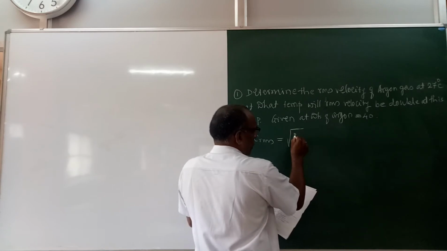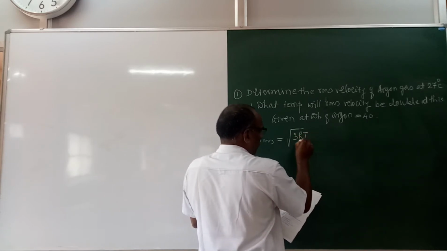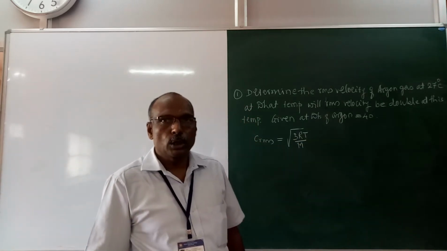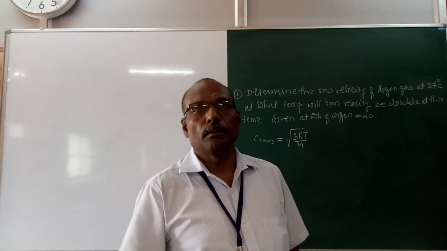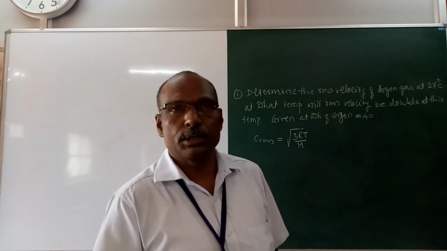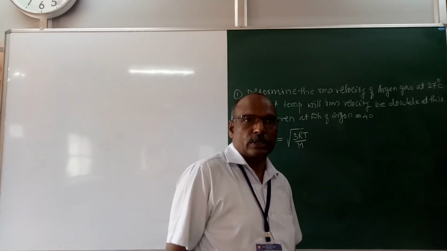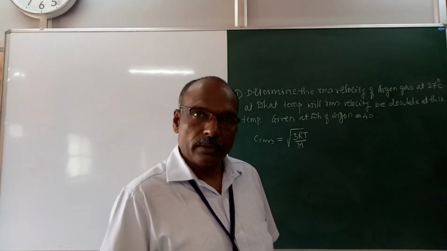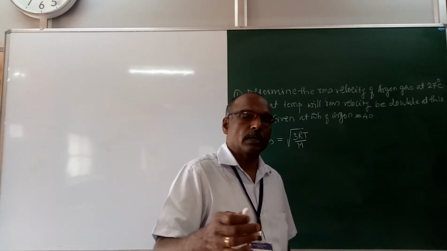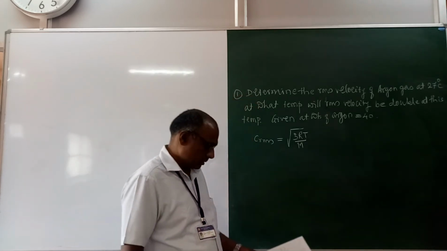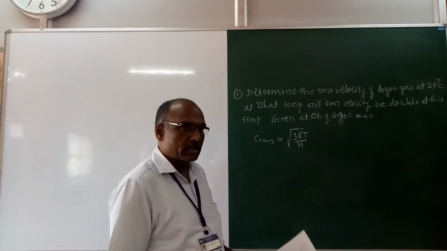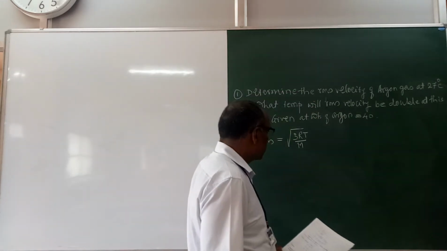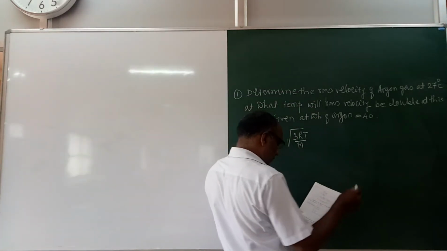So that is root of 3RT upon capital M. The clue for solving multiple choice questions, as you have experienced writing CET level questions, may be a bit tougher. Here questions will be a bit easier. Hope so. It depends upon the question paper setter here. So this is the formula.